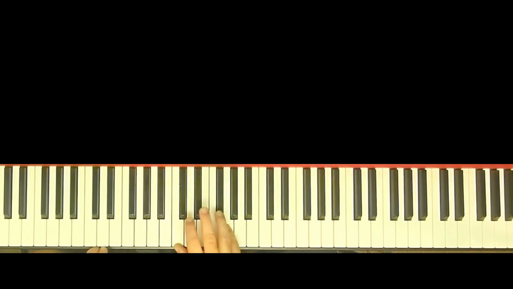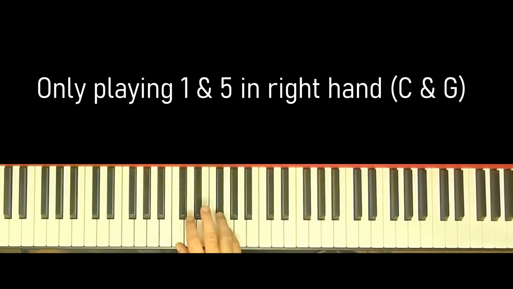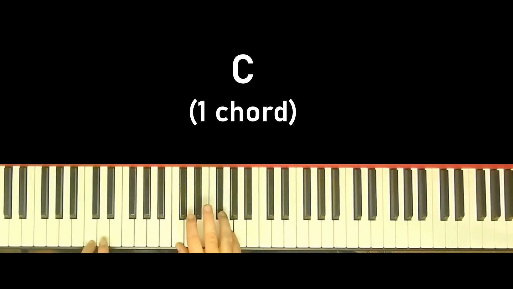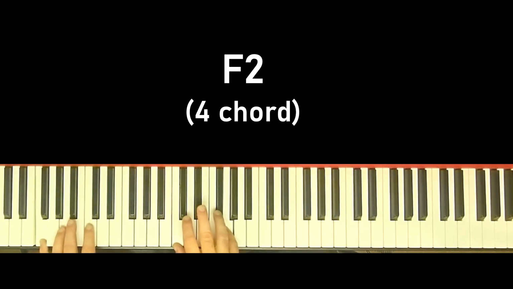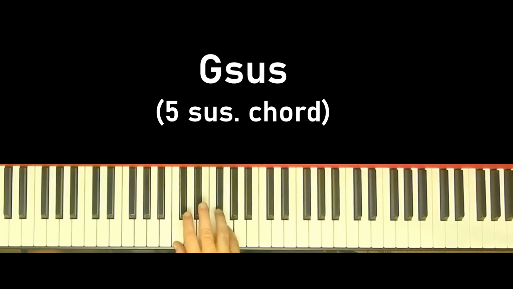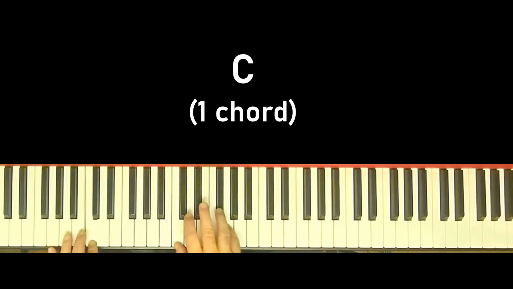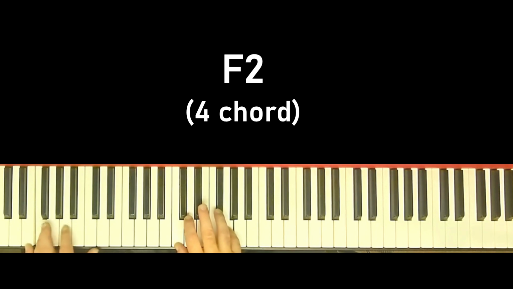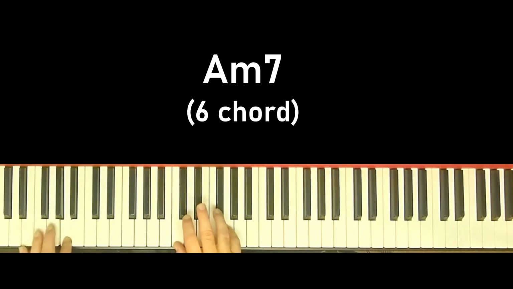So check this out. We can just play, I'll just do a really simple rhythm for the example. So we have C, we have F2, A minor 7, and G sus. So you see we're actually never changing the C and G in our right hand.